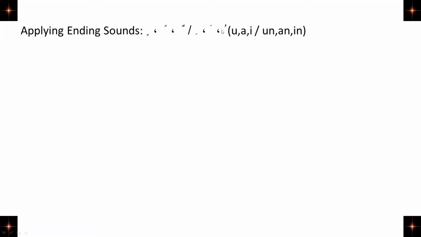Good. But this U, A, I, when made heavy, you just add an N sound to it. So it becomes un, an, and in. So we call this light, and we say these ones are heavy. For the sake of this course, we say these ones are light and these ones are heavy.